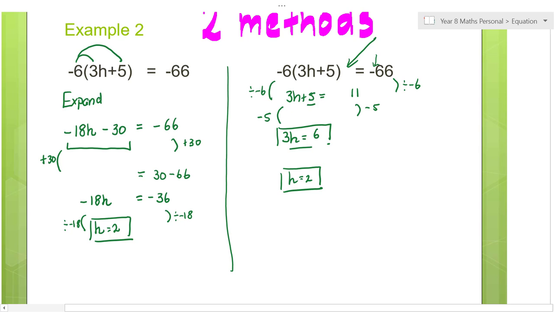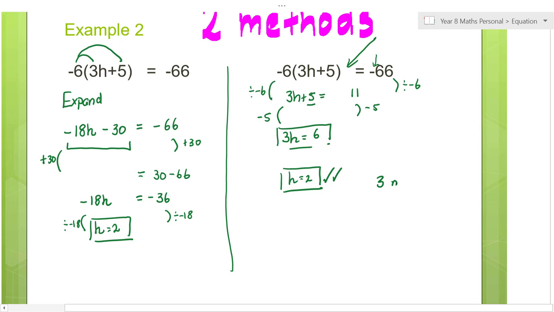We could do that by inspection, couldn't we? But it's not always going to work that way because sometimes you might have an answer which is a fraction. So if you have an answer with a fraction, it's probably best to make sure you show that bit of working. But if it's something like this where 3 times something equals 6, that something is equal to 2, I'm more than happy. You'll get full marks for this.